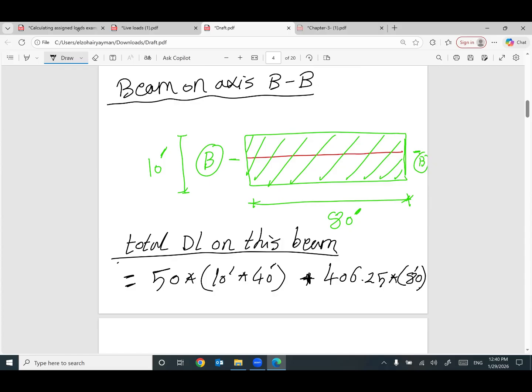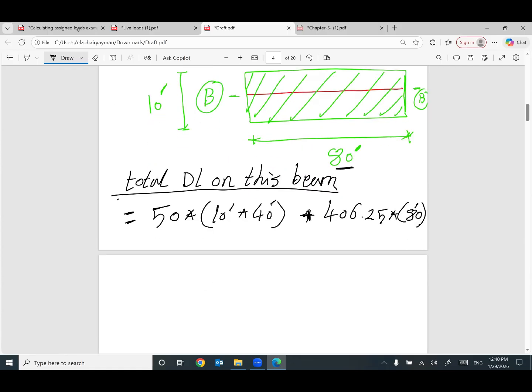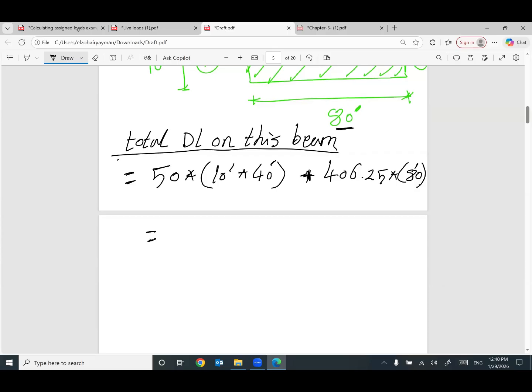The total length of this beam will be 80. Then I can find out the total dead load on the beam.